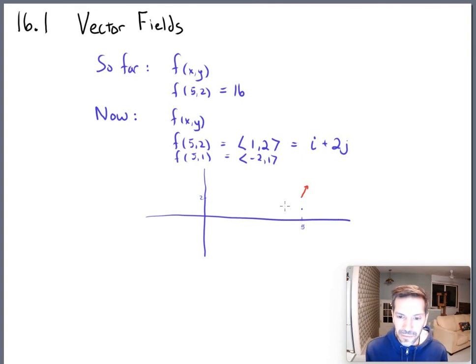It goes negative 2 back and 1 up, so it actually points over this way. And I could keep going and produce vectors endlessly for the infinite number of points in two-dimensional space, or in three-dimensional space for that matter.